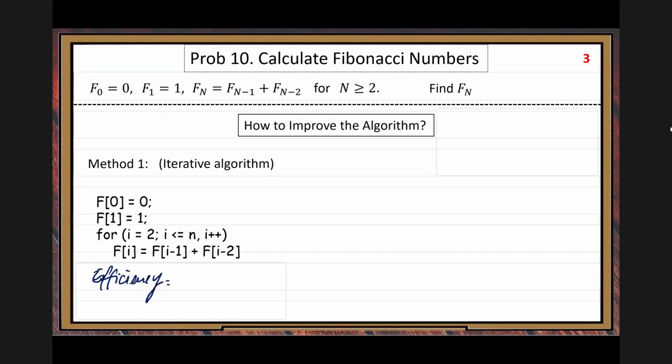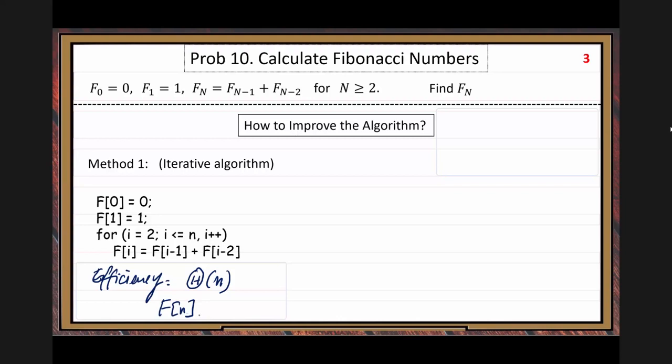By asymptotic notation, you can use big theta of n. It's linear, okay? Because here, we have an array f of n, and each f number we calculate once.